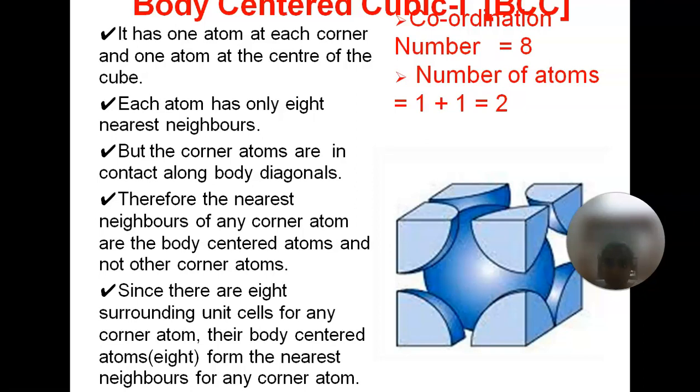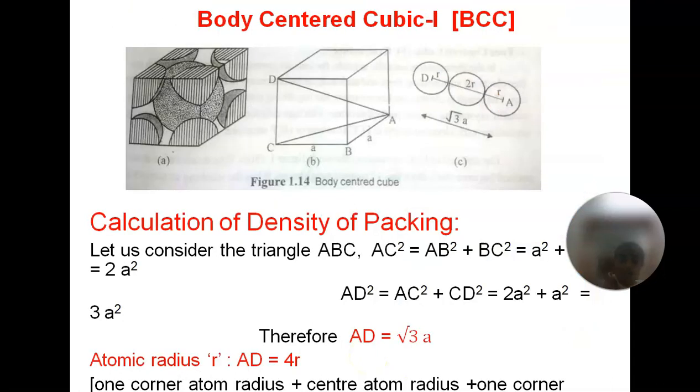Only the atoms touching the body diagonal atom are nearby atoms. Since there are 8 surrounding unit cells for any corner atom, the 8 body centered atoms form the nearest neighbors for any corner atom.